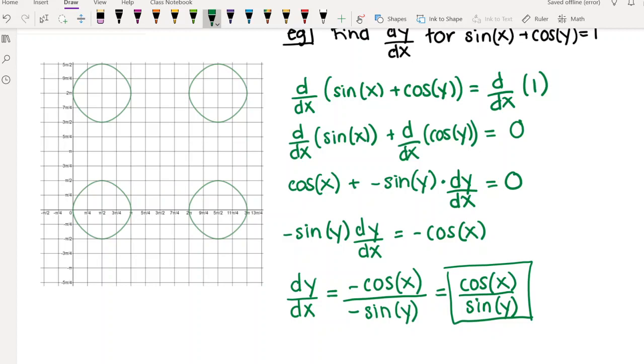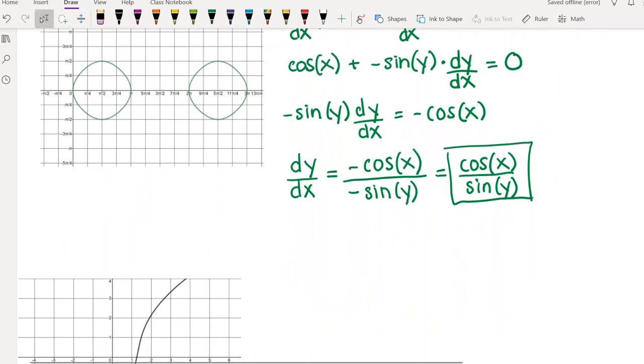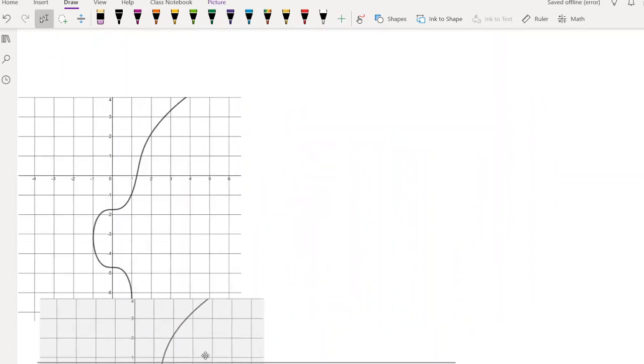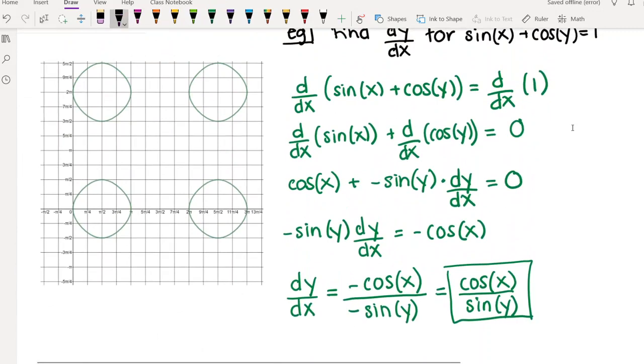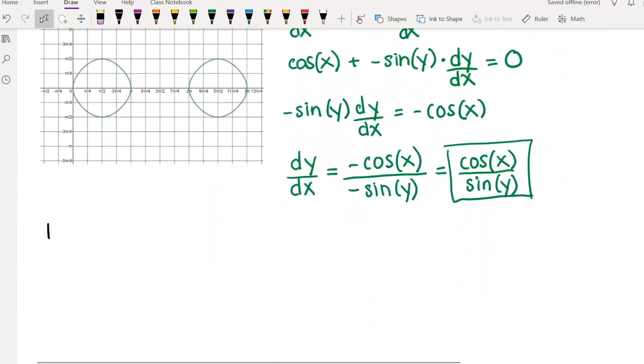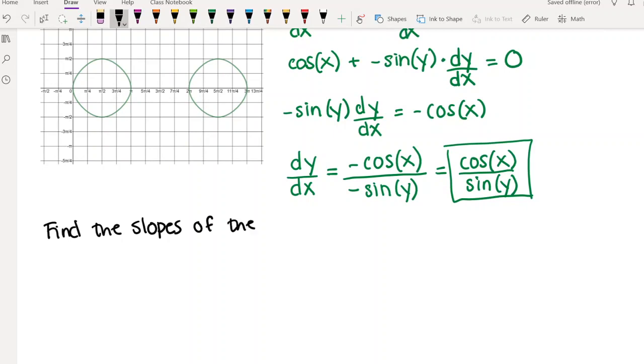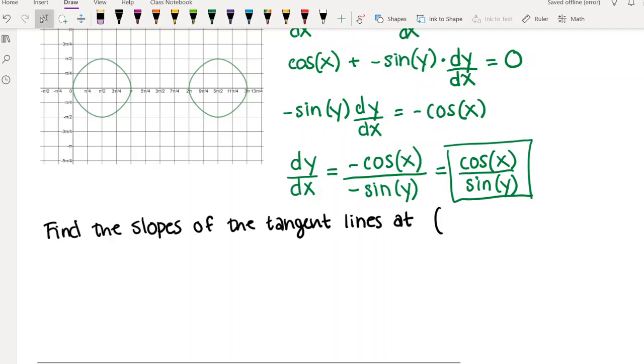So let's try to find the slopes of the tangent lines at a couple of specific points. So let me nudge this one down a little bit. So let's say that now we wanted to find the slope of, we're going to do a couple of different tangent lines, at, let's do the point pi over 2, pi over 2.